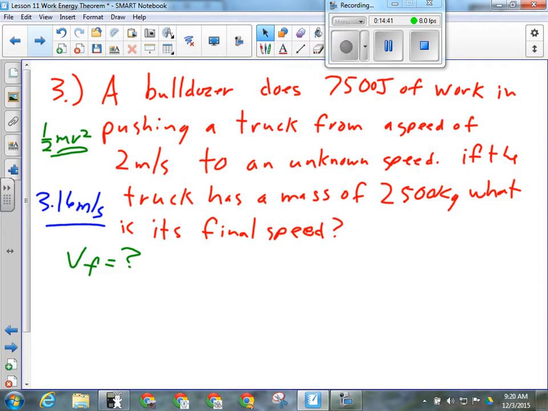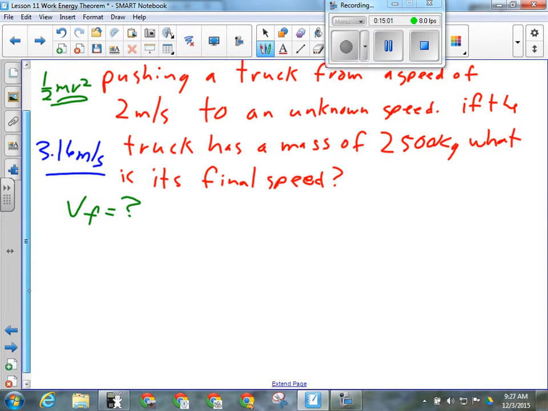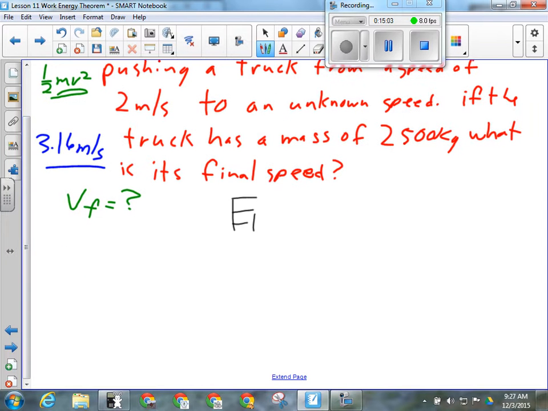Okay. Try this one. All right. So we said that the bulldozer has kinetic energy at the beginning of this question. Agreed? Because it tells us it's moving at 2 meters per second. Let's calculate how much energy it has at the beginning. So we're going to calculate its initial kinetic energy.